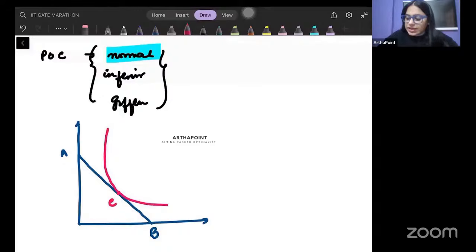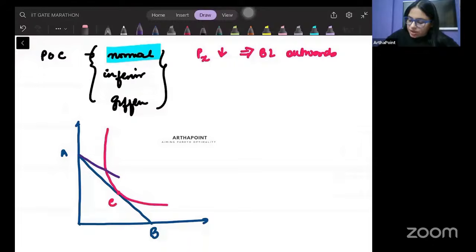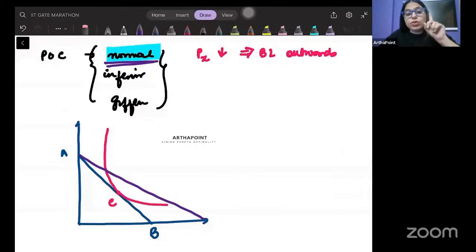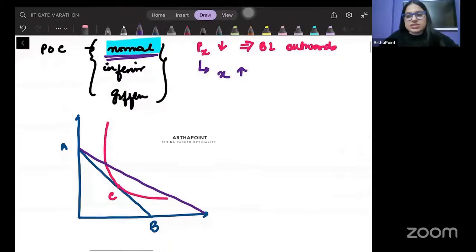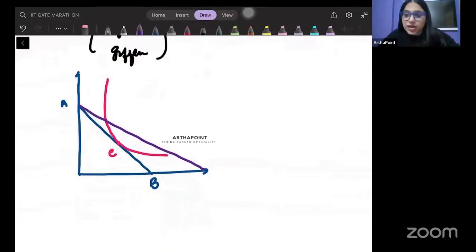Now, the question tells me that the price of good X has decreased. It means that my budget line will pivot outwards. If my budget line pivots outwards, then if it is a normal good, I know I have to increase the demand of good X. But this is where the issue lies.